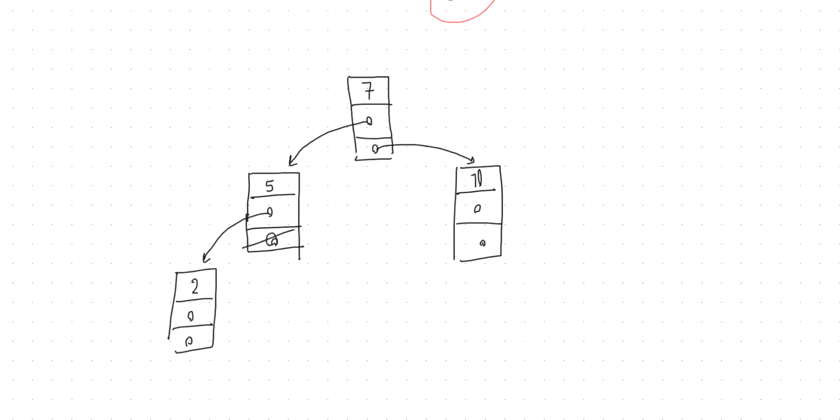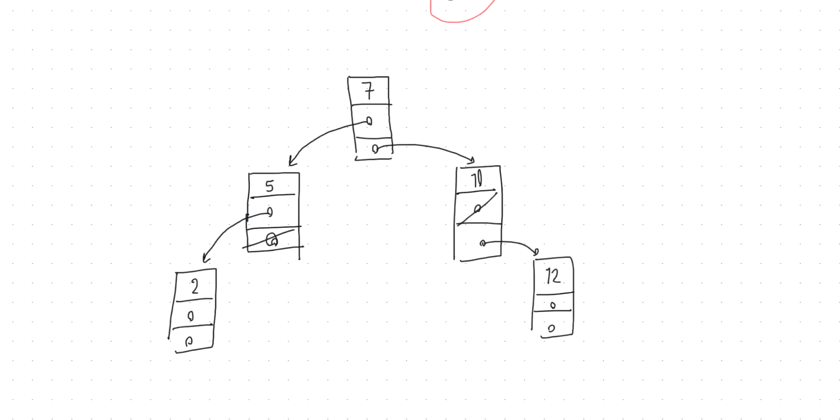Okay, and similarly, if a node has a right child but no left child, then the left pointer is going to be null and the right pointer will point to another node with 12 and 2 pointers. Okay, and in particular, if you talk about the leaf nodes, the leaf node, if you remember from the previous video, is a node that doesn't have any children.